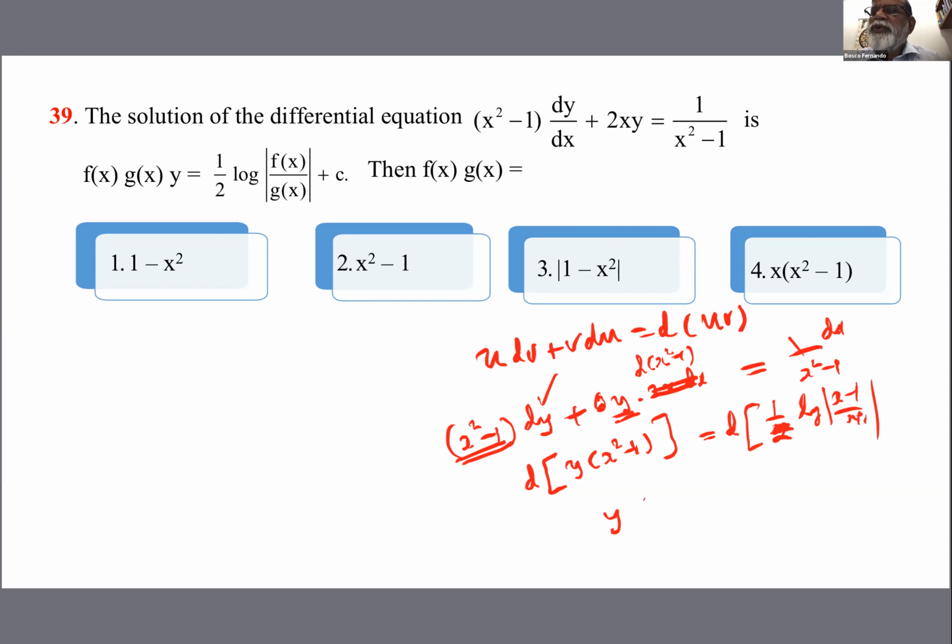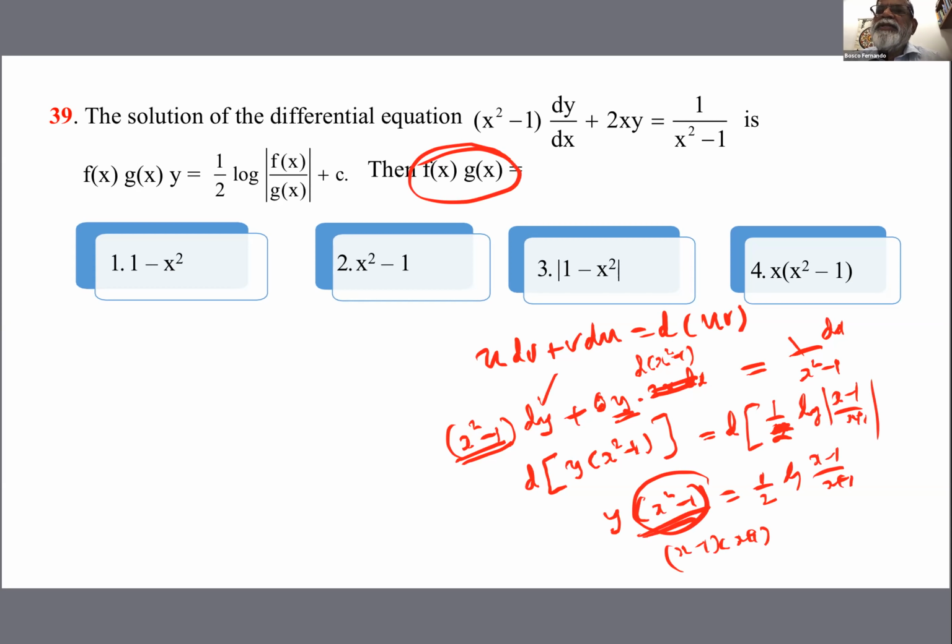So the solution is y into x squared minus 1 is equal to half of logarithm of x minus 1 by x plus 1. This is nothing but x minus 1 into x plus 1. You're asked to find what is f of x, so this is x squared minus 1. That is option number 2.